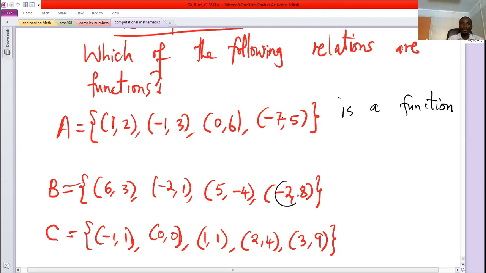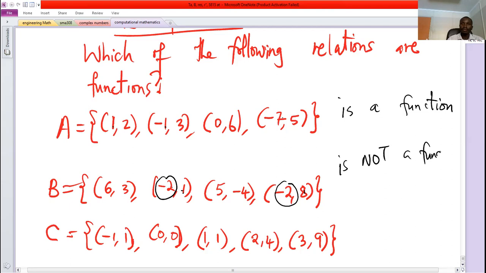You see there's -2 here and there's -2 here. So we have two distinct pairs which have the same first elements, but the second elements of these pairs are different. So because this set has two distinct pairs with the same first elements but different second elements, it's not a function.